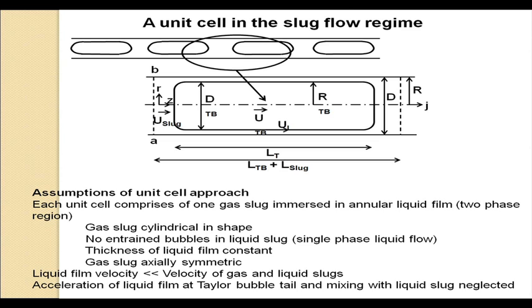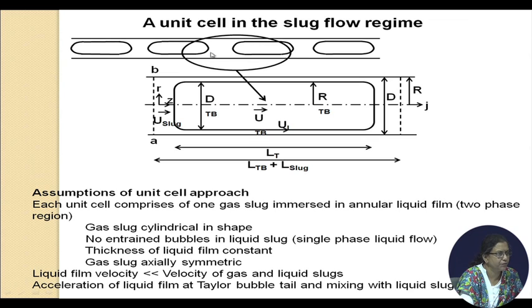And in addition, the usual step of modeling is we try to find out the pressure gradient in the Taylor bubble region, we try to find out the pressure gradient in the liquid slug region, and in addition we consider another particular pressure gradient which occurs because the countercurrent flowing liquid film comes and meets the forward flowing liquid slug, as a result of which some mixing and some turbulence results at the end of the Taylor bubble, which also should be contributing to the pressure drop of the entire slug unit.